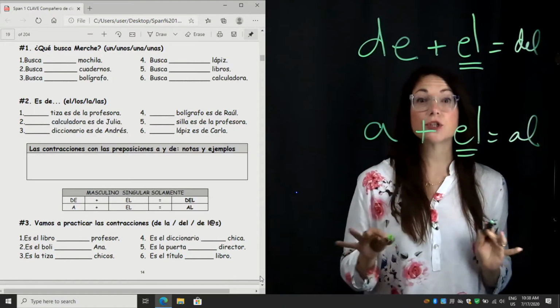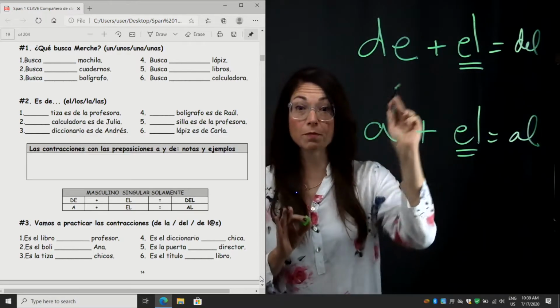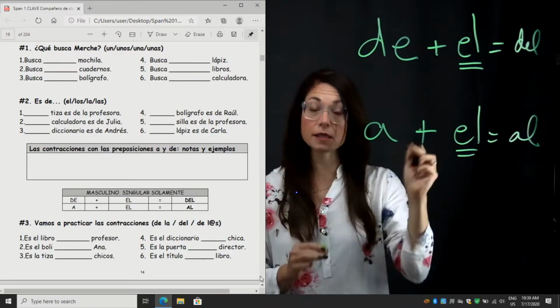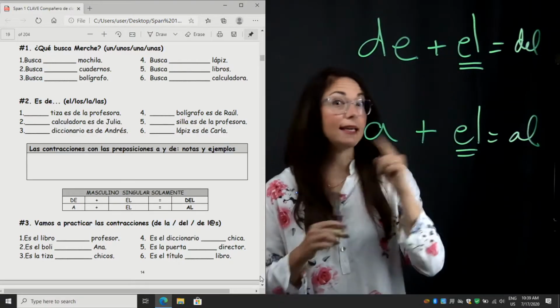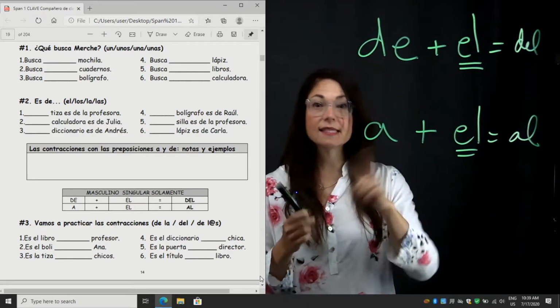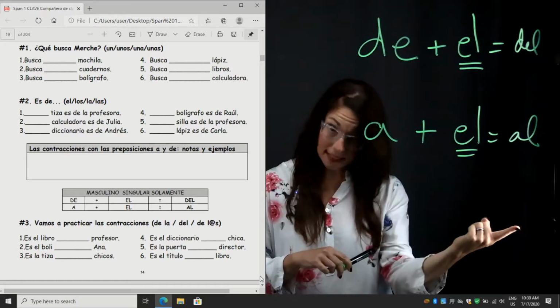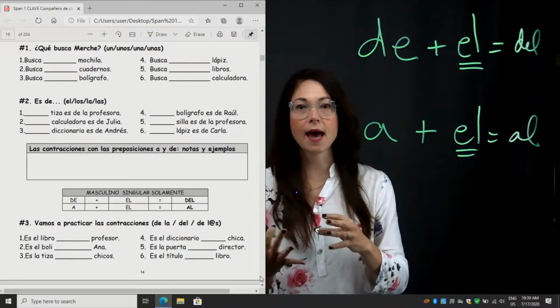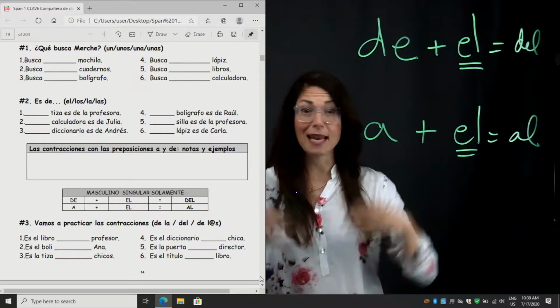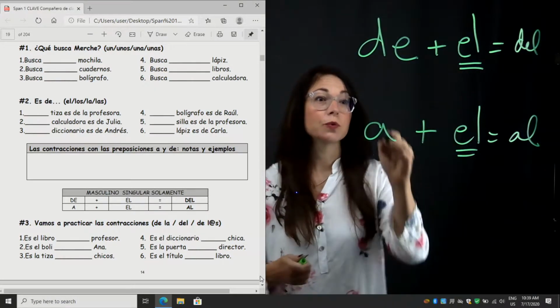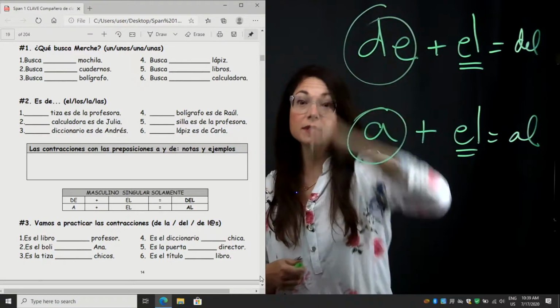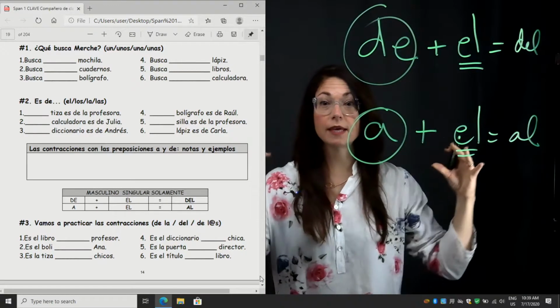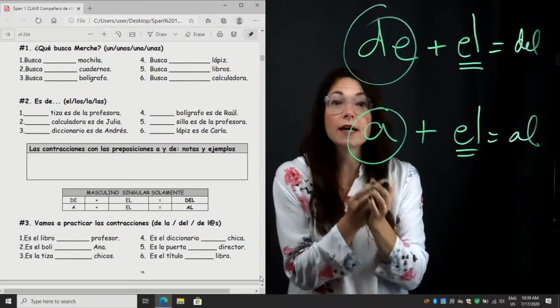So these combinations, again, only with masculino singular, masculine singular. That means that de la, de las, de los, a la clase, a los bares, a las clases. So really, you're combining these prepositions with an article, and you get what we call una contracción.